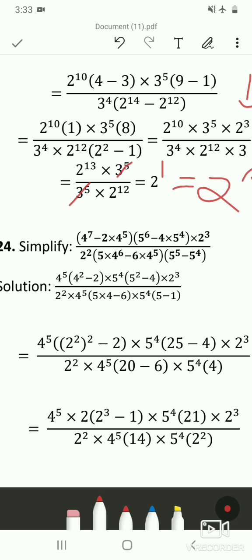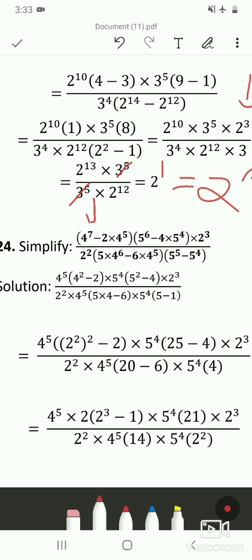So here in this problem again we'll be taking out the common terms, and if it is 4 we are expressing it as 2 square, and in a similar way we'll do the simplification. So now let's just quickly see this problem.